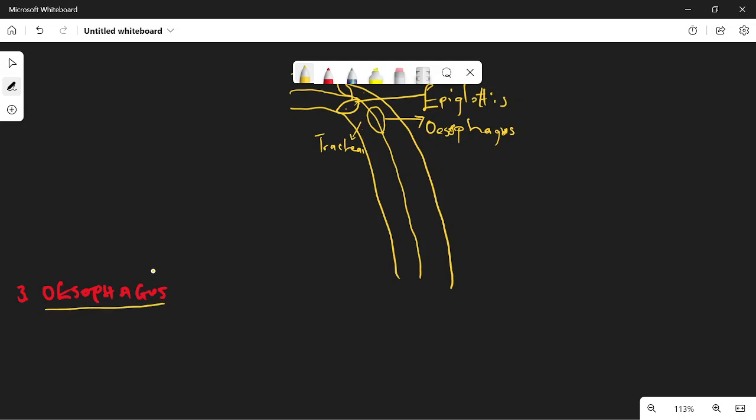The food that we eat goes down this system in a peristaltic movement.